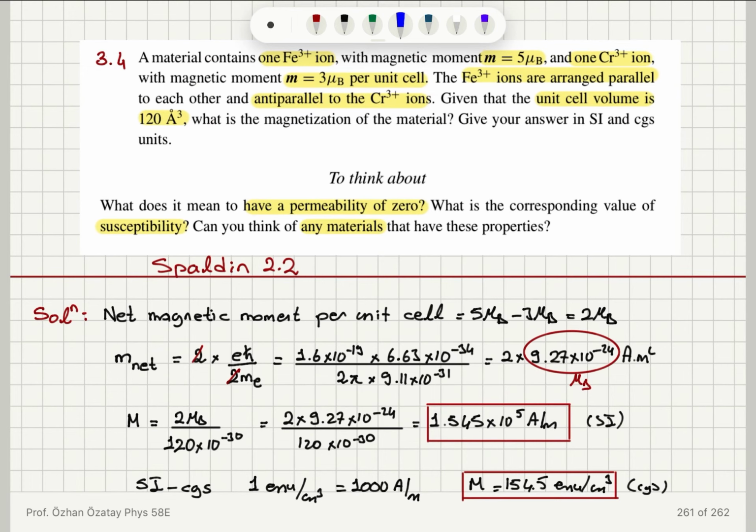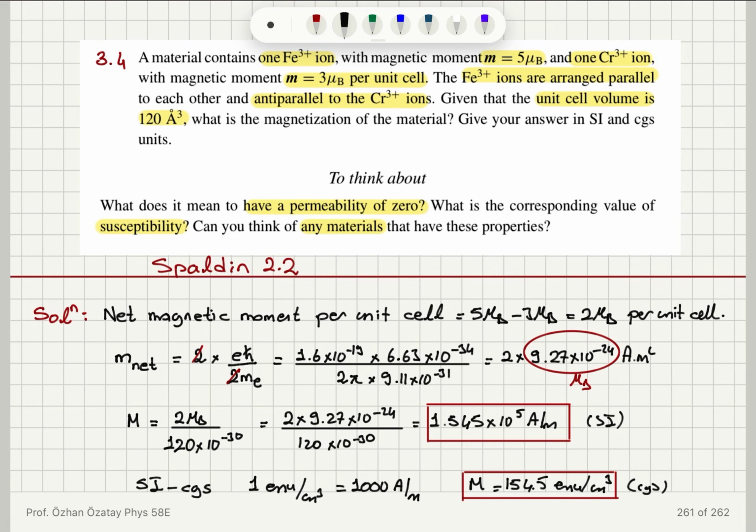Okay, so we considered a material that has one iron 3+ ion and one chromium 3+ ion inside, and the iron and chromium ions have magnetic moments that are anti-parallel to each other, so 5 minus 3, 2 Bohr magnetons per unit cell is the magnetic moment per unit cell. The volume of a unit cell is also given, 120 angstroms cubed.